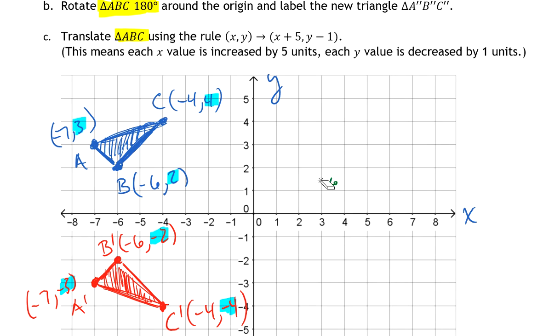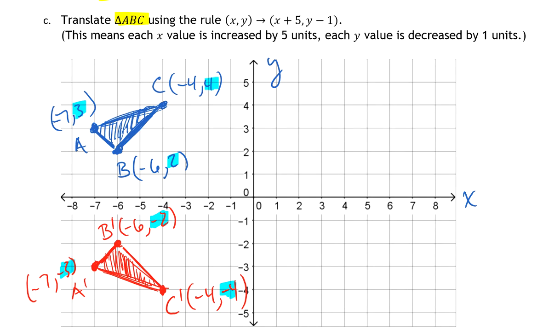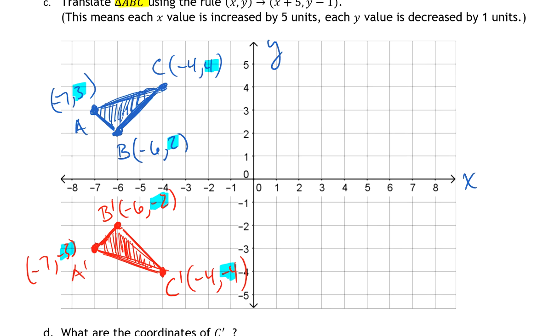You still have it at the same spot. So I'm going to take this shape and rotate it through 180 degrees. And if you've done this with patty paper, one of the things that perhaps you observed is that the coordinates end up just going to the opposite coordinate.